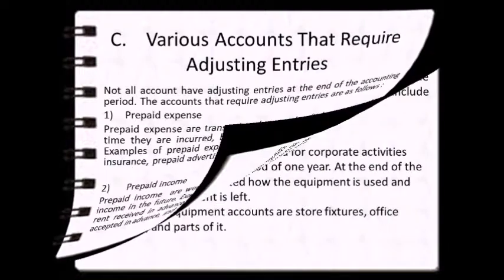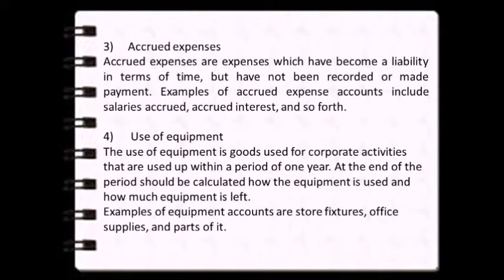Number 3, accrued expenses. Accrued expenses are expenses which have become a liability in terms of time, but have not been recorded or paid. Examples of accrued expense accounts include salaries accrued, accrued interest, and so forth.